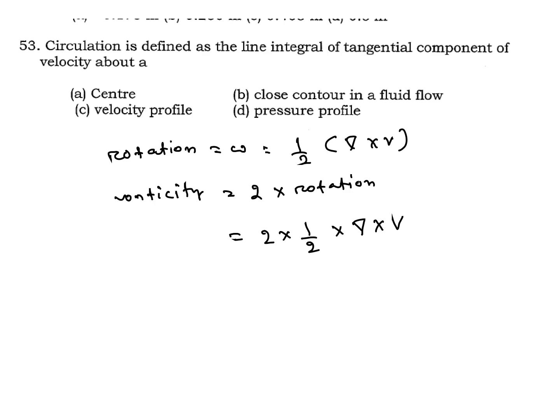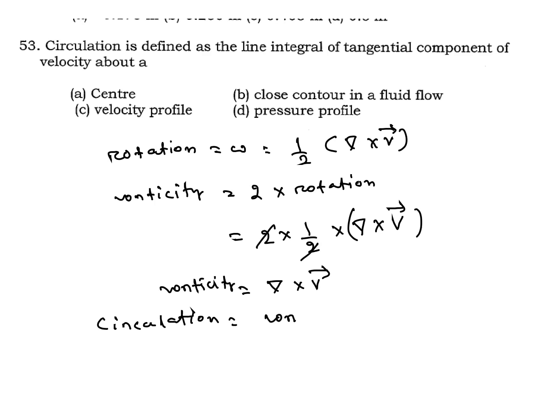So vorticity is del cross V vector, curl of V. Then circulation, which they asked in this question, equals vorticity into area.